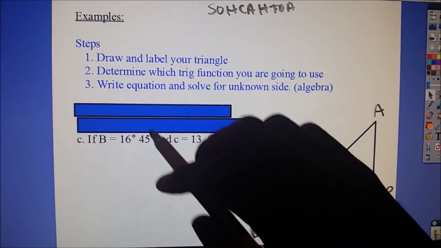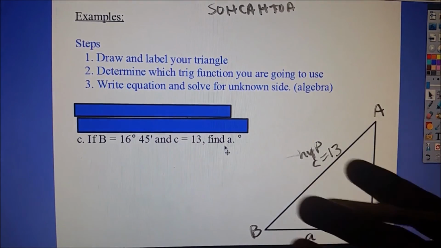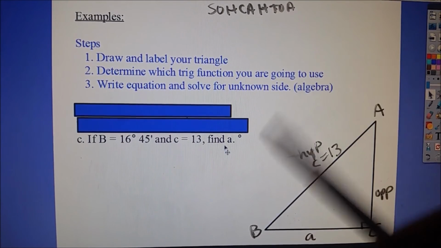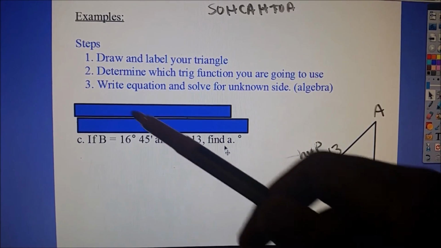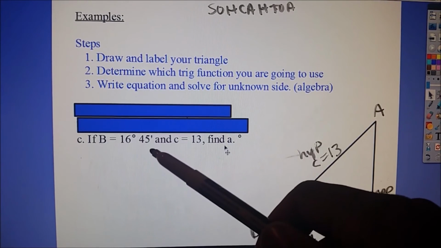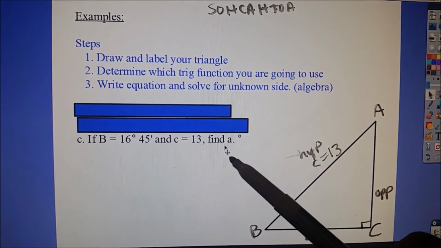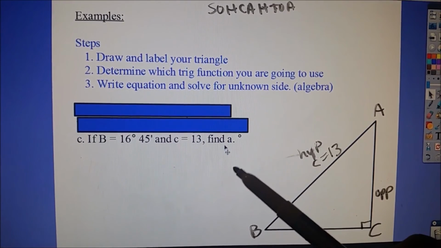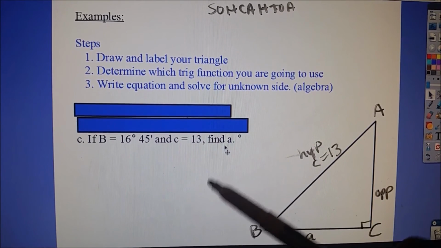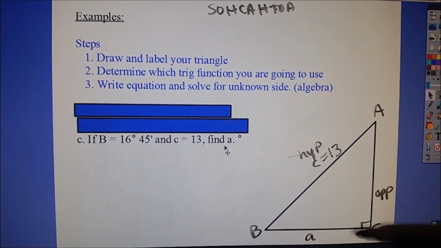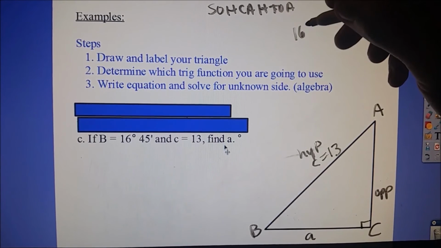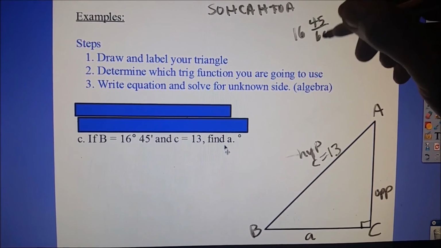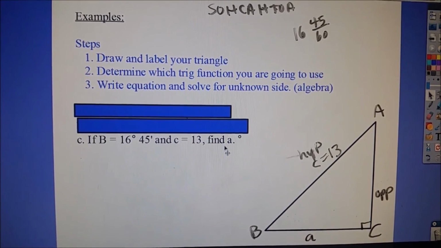Now, right here, this is going to be a decimal. I'm going to show you the app that you can use to plug in 16 degrees, 45 minutes, in case you don't have the calculator, in case you're not doing this in class. But I will tell you, if you did it by hand, this would have been 16 and then 45 over 60, and we have no seconds.